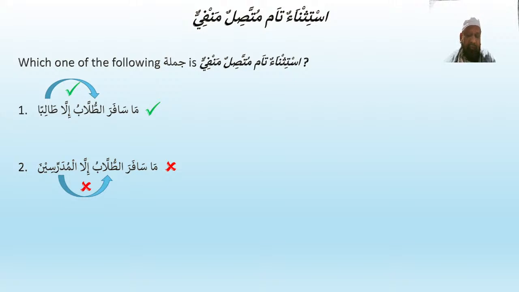Get ready. If after illa, the ism is part of kutub or belongs to kutub, then it will be muttasil. If the ism is not part of al-kutub, then that will be munqati'.